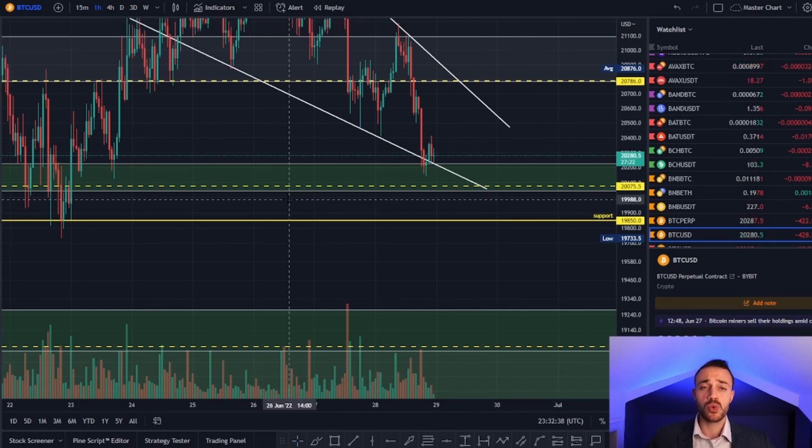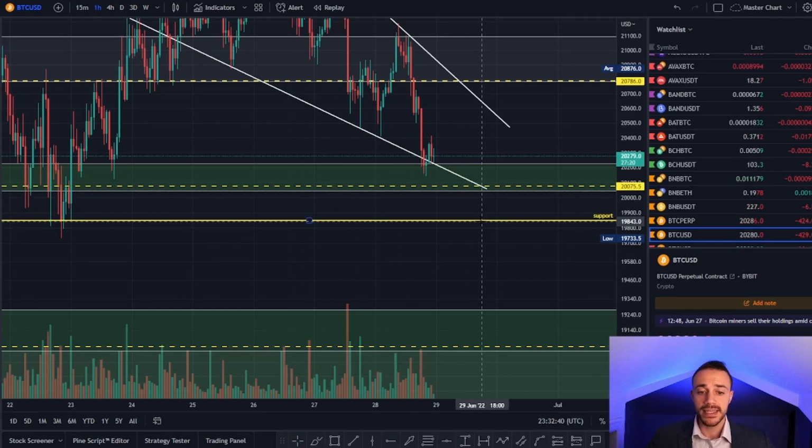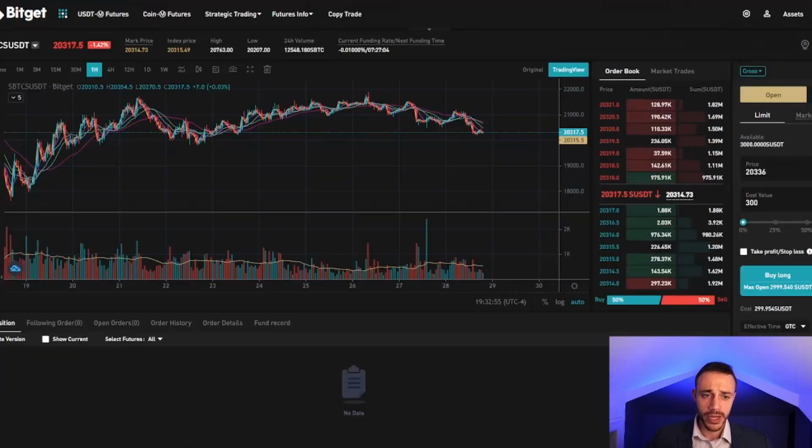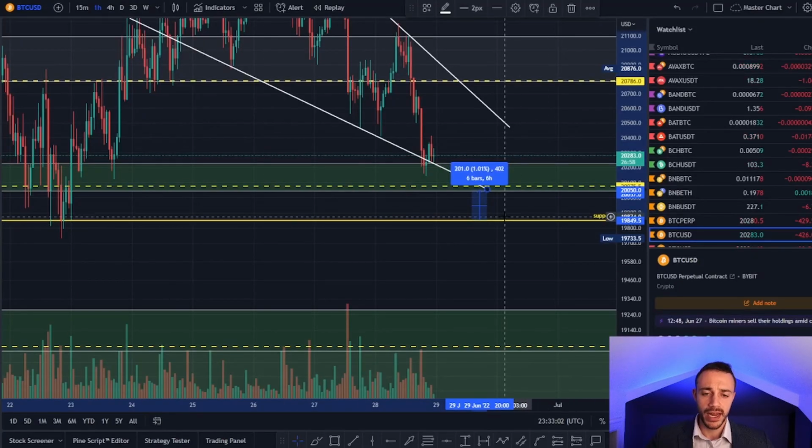Because we have 20x leverage on, let's say we enter and price actually bounces 1% from the entry at $19,850. That would take it right to about $20,050, which would be a 1% move. Okay, so because we do have 20x leverage and we're using $300 of margin for this trade, instead of a 1% gain, I would actually gain 20% because I'm leveraged by 20x.